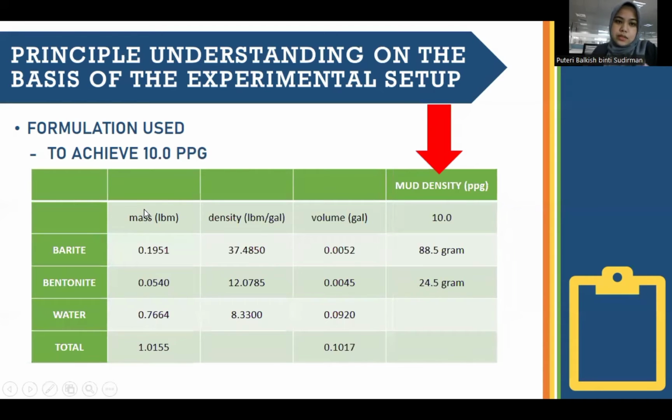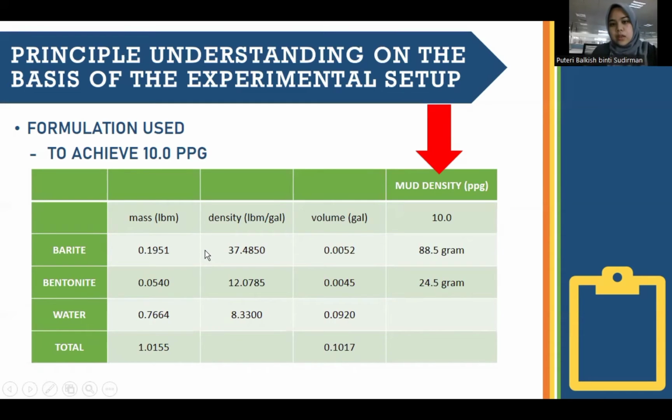Next, in order to achieve 10 ppg, again the density is constant. The mass for barite will be 0.1951 lbm, bentonite will be 0.054 lbm, water will be 0.7664 lbm. The total mixture will be 1.0155 lbm.